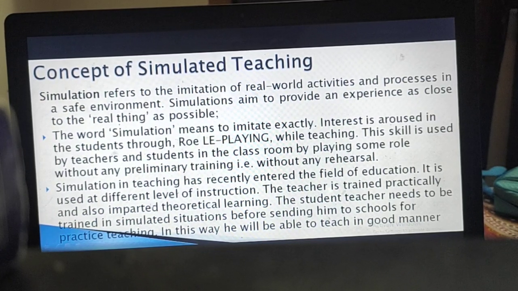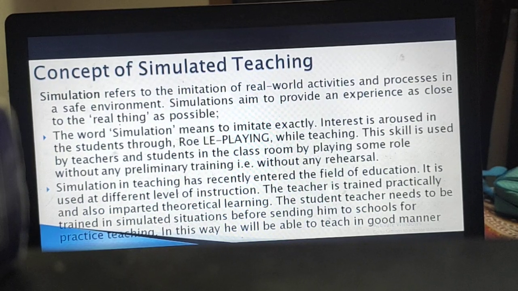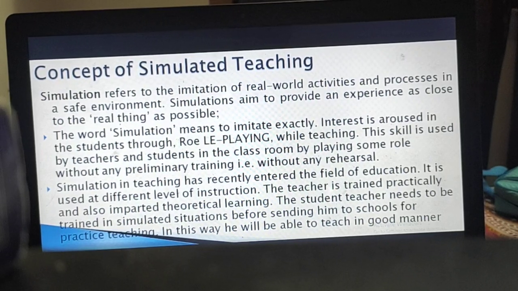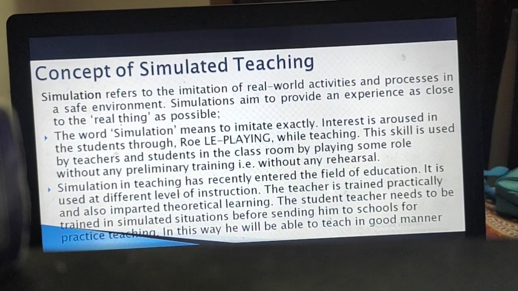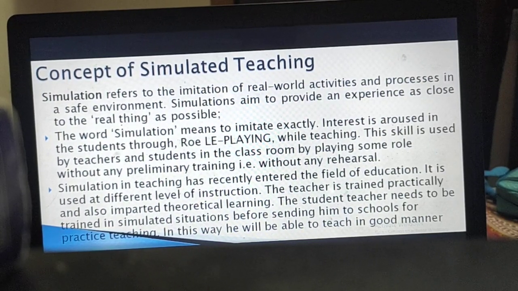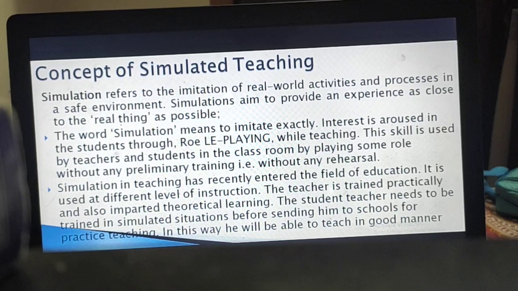It is used at defined levels of instruction. The teacher is trained particularly, and theoretical learning is also imparted. The student teacher needs to be trained in a simulated situation before being sent to school for practice teaching. In this way, he will be able to teach in a good manner.